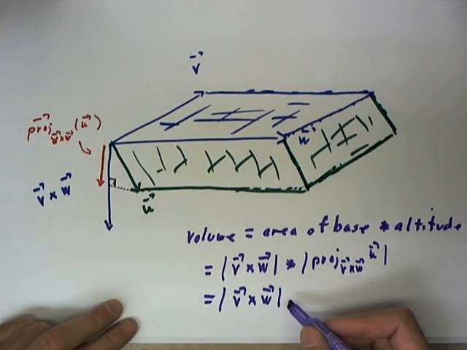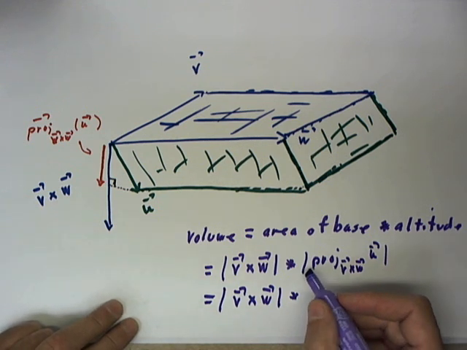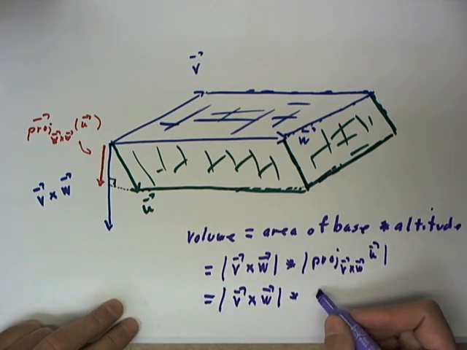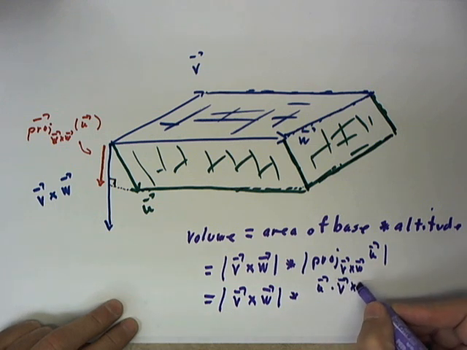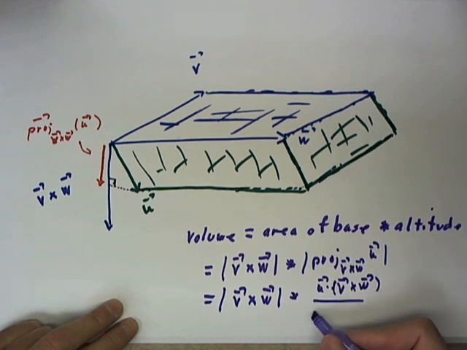So it's going to be the magnitude of V cross W multiplied by the magnitude of this projection. The magnitude of this projection is just U dot V cross W divided by the magnitude of V cross W.